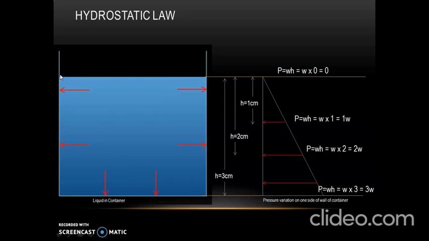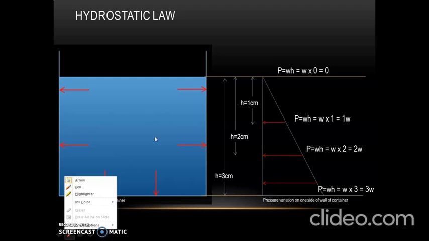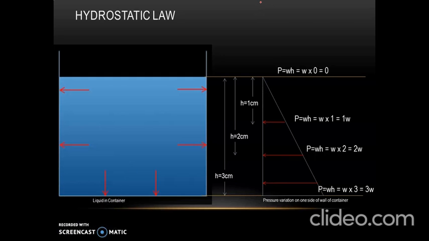Now here, if we want to draw pressure variation diagram along one side of the container, then to begin with, we will draw a vertical line in order to represent one side of a container. Now for example, if I want to show how pressure varies on the left side of the container, we will represent it first by a vertical line.